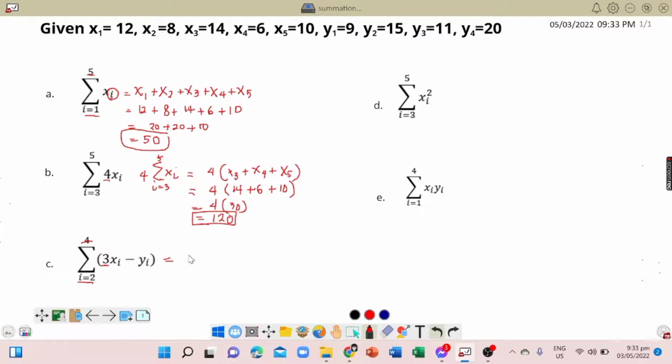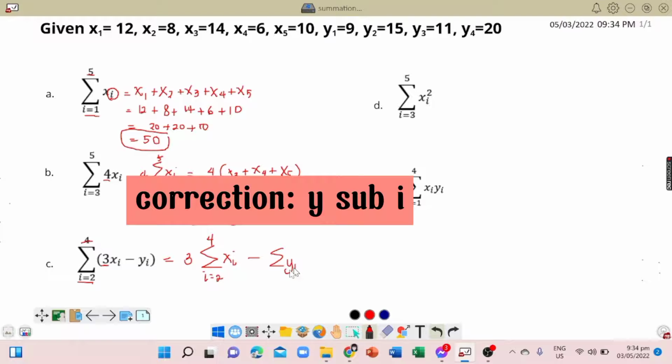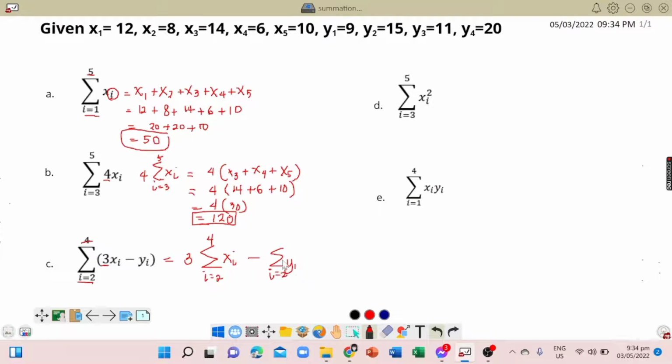So, 3 summation of x sub i, where i is from 2 to 4, minus summation of y sub i. Likewise, the starting value is 2, the ending value is 4. Then, we can now get the summation.